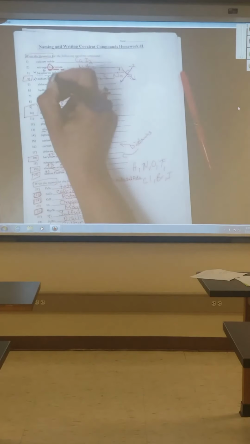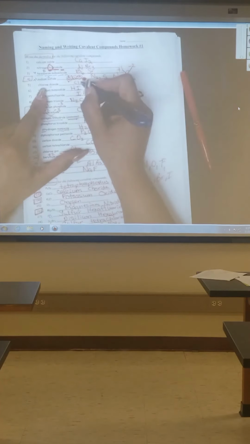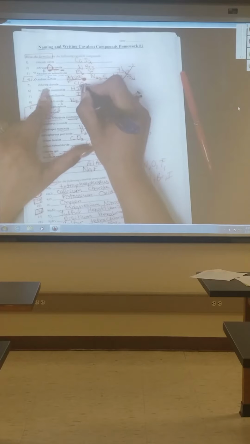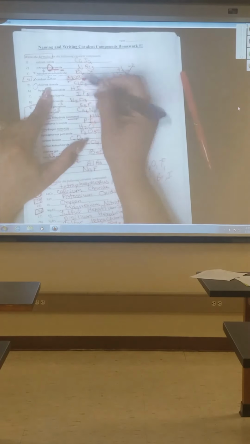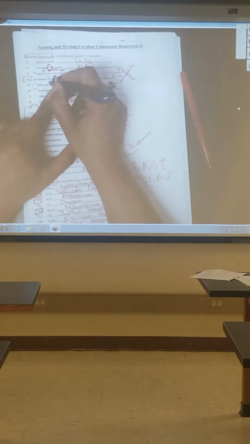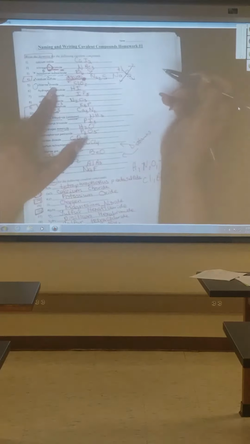Chlorine dioxide. If I see a prefix on the first or second word, or both, that's an indication that it's going to be a covalent bond. When it comes to prefixes, you just write the initials, so Cl for chlorine. There's no prefix, so that means it's a mono, a 1, don't write a 1. Di means 2, oxygen, so O with a little 2.